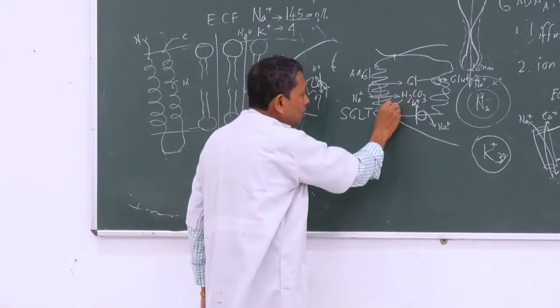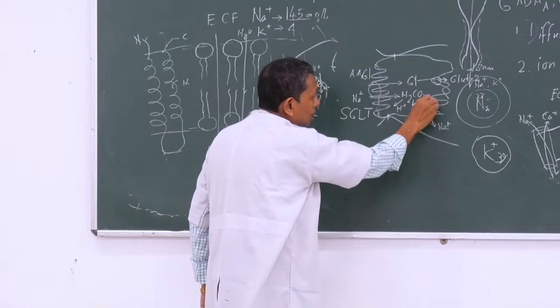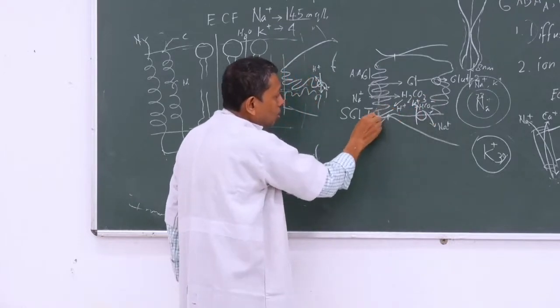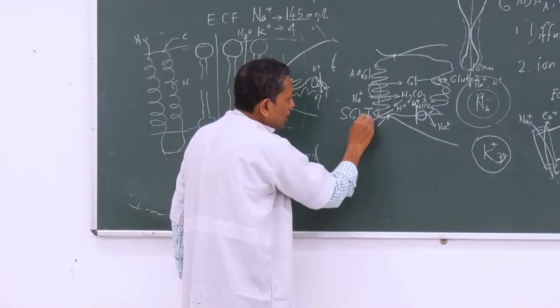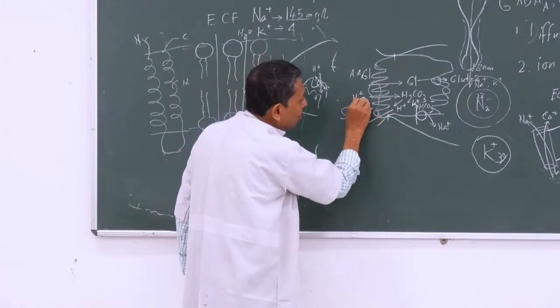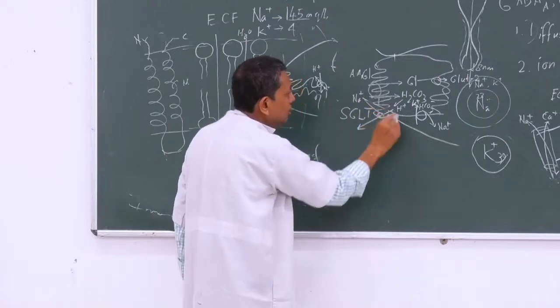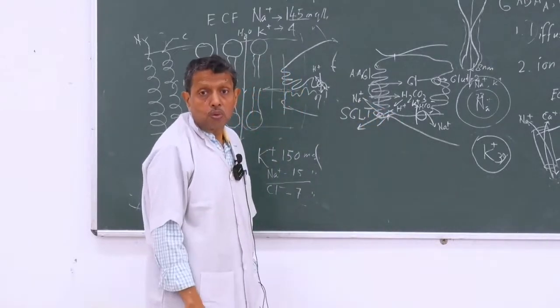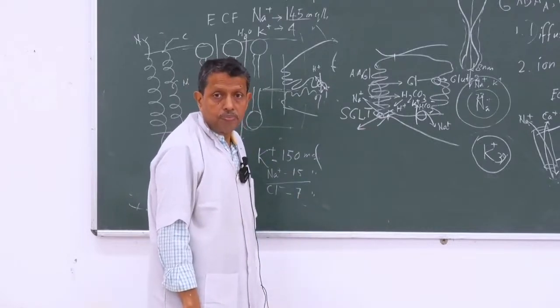It breaks down into hydrogen ions and HCO3 anions. And this hydrogen ion will come out against the sodium ion that enters by means of a channel. It is an antiport mechanism. In this way, hydrogen ion will come out.